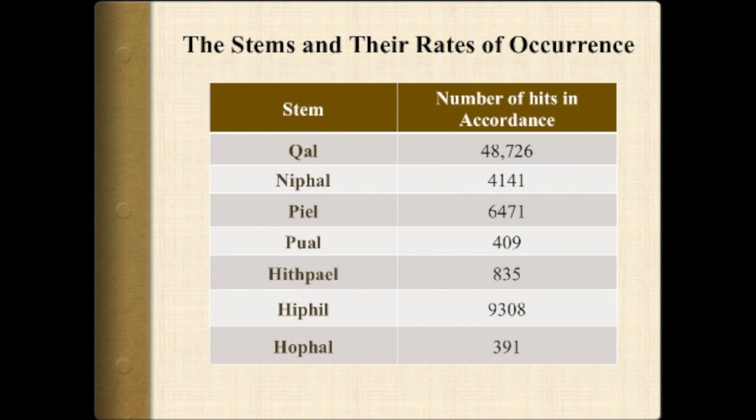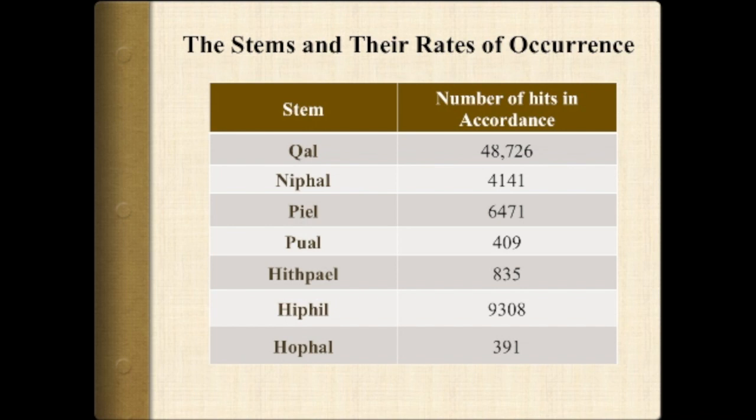The seven that occur the most are the qal, meaning light. It's the most basic of all of the stems. The nifal, the piel, the pual, the hithpael, the hifil, and the hofal. This little chart here gives the various rates of occurrence.